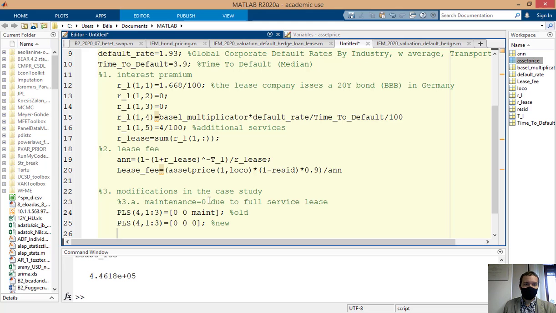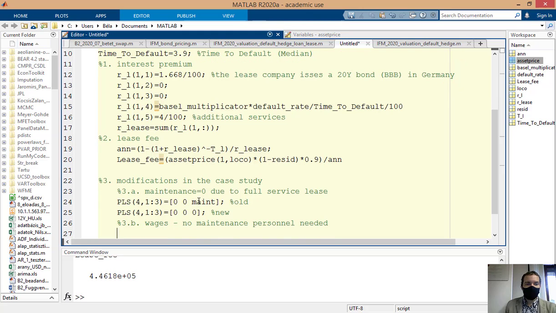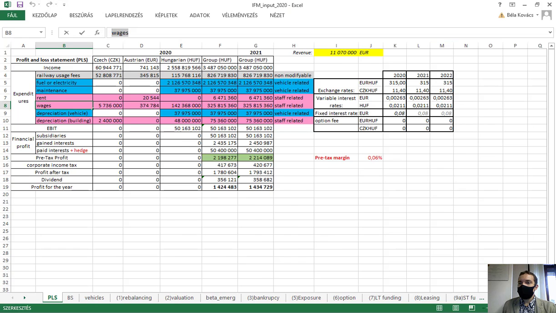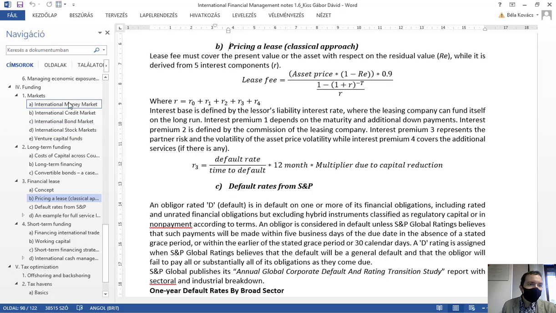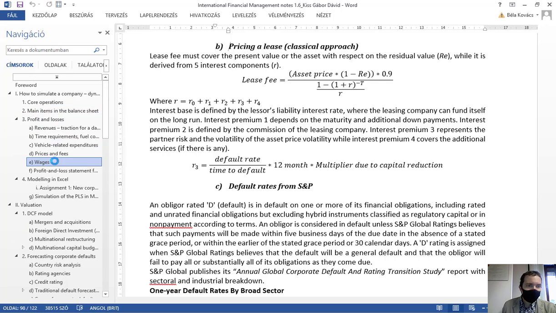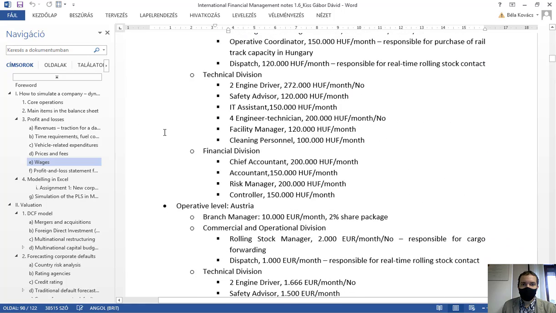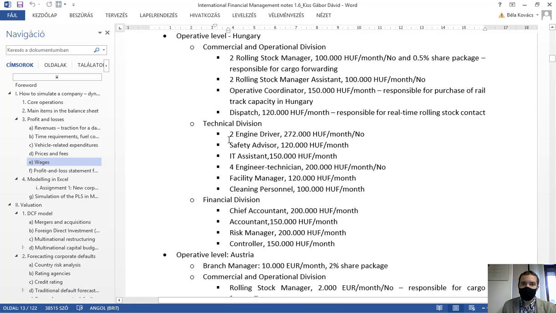So wages, finally. No maintenance personnel needed. So let's see wages. Engineer, technician.